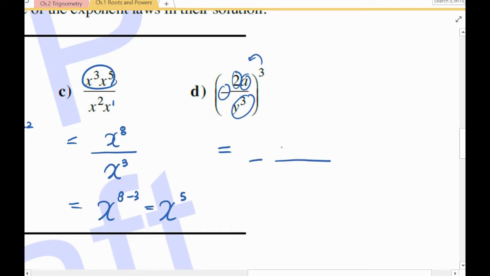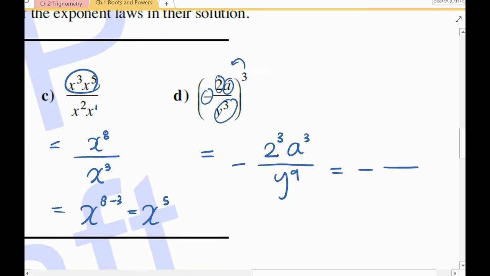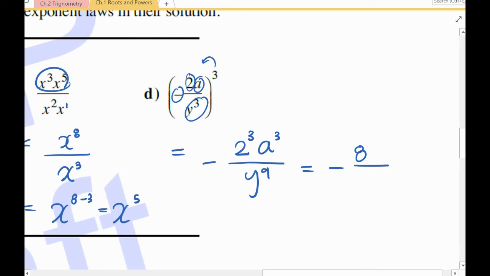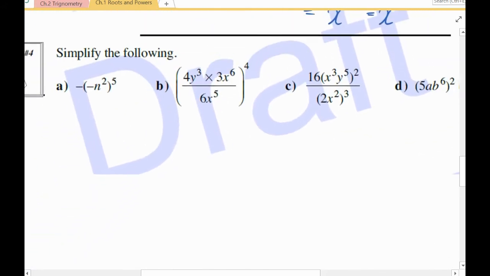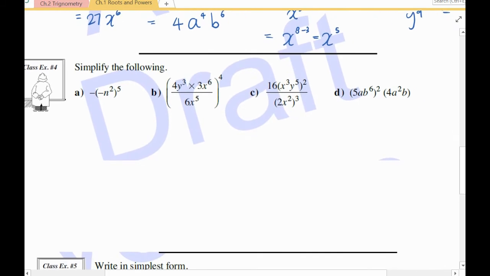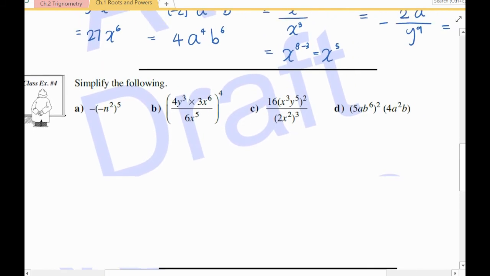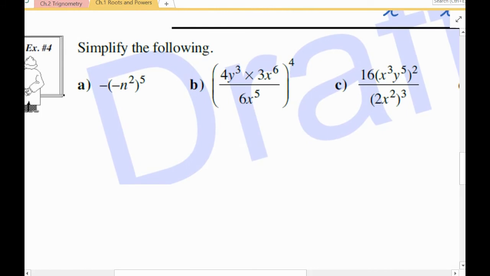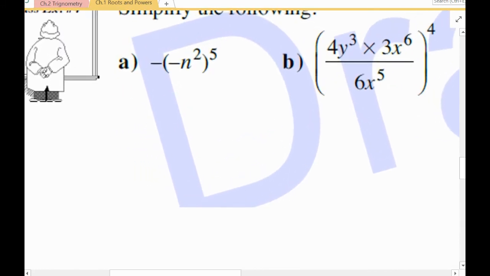Negative. 2 cubed, a cubed, y cubed, cubed. 3 times 3 is 9. 2 cubed becomes 8. A cubed, y to the power of 9 is the answer. Okay, it's getting more complicated, but it's not really hard if you know how to simplify them.